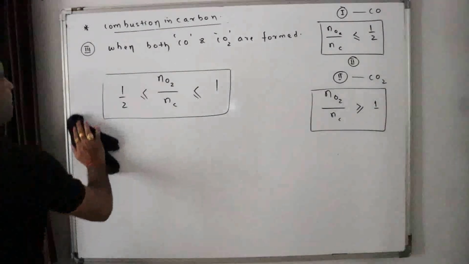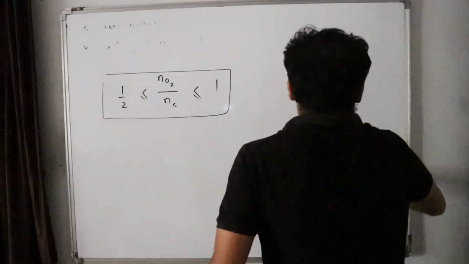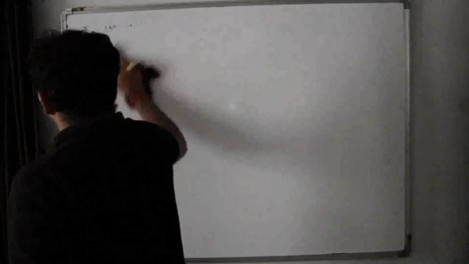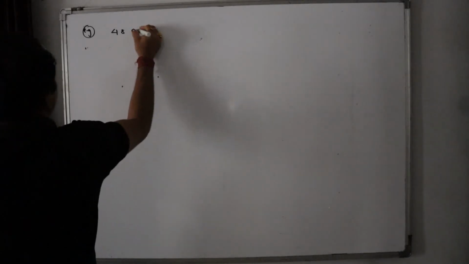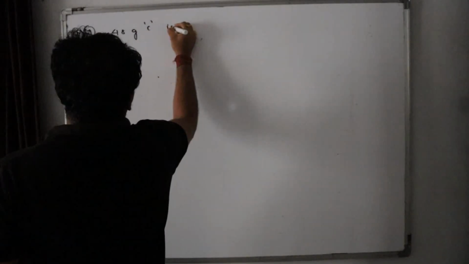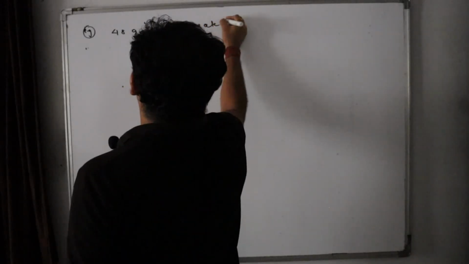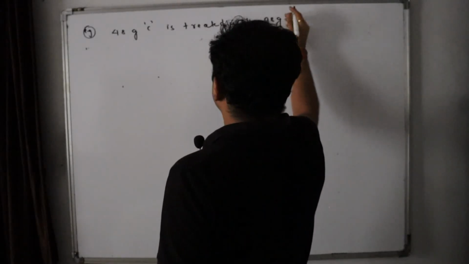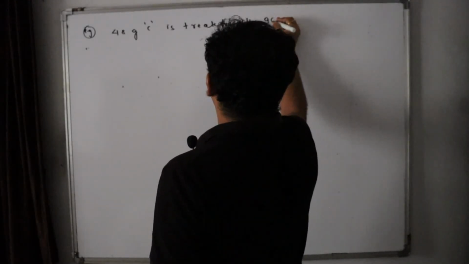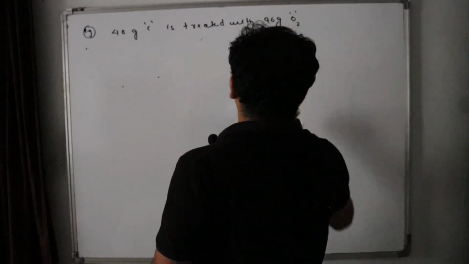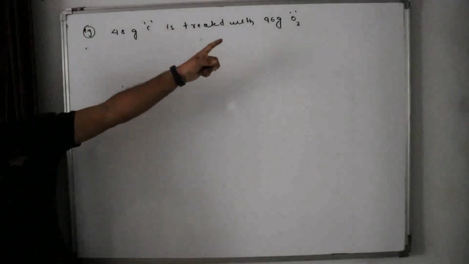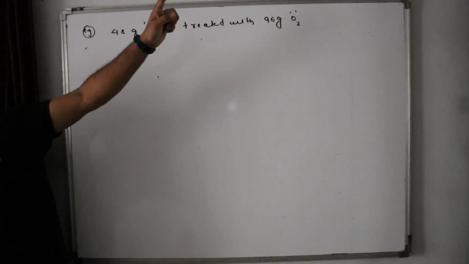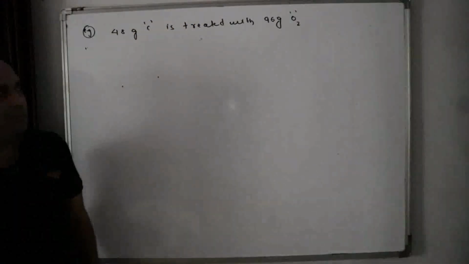What is the question? Look here. Question: 48 gram carbon is treated with 96 gram oxygen.